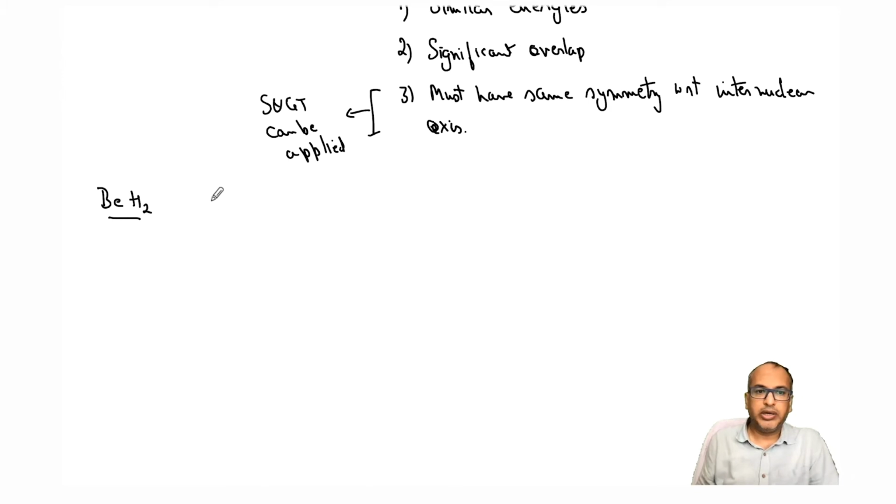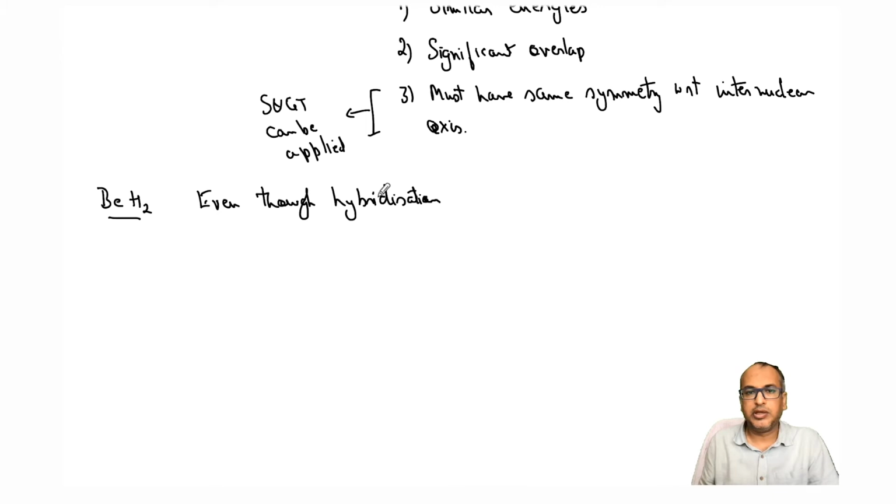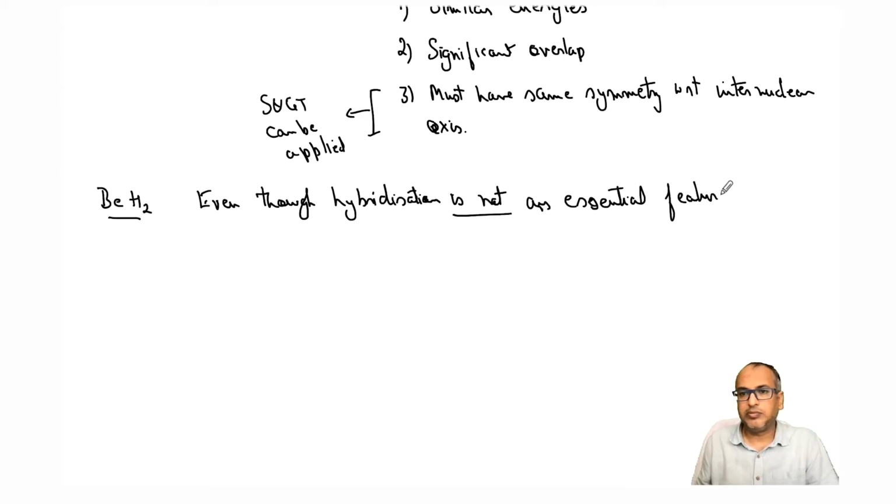Now one important point is that hybridization of the central atom, in this case the central atom is beryllium, is not an essential feature of the MO approach, right?